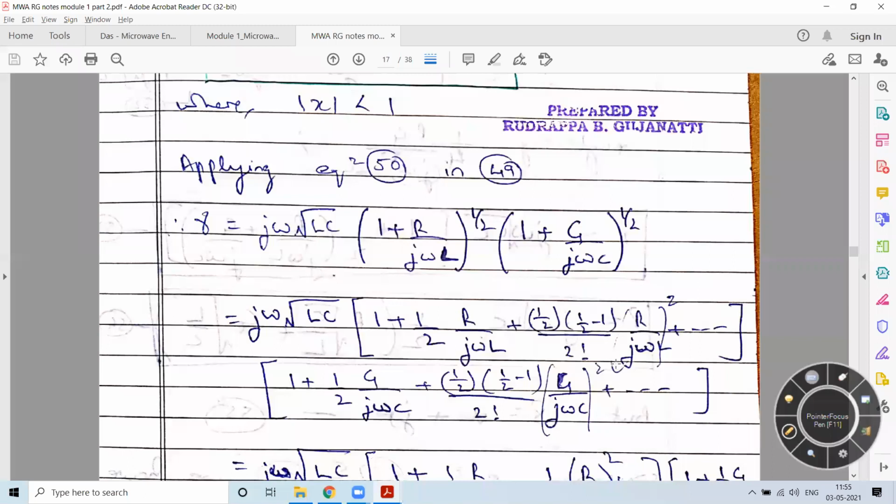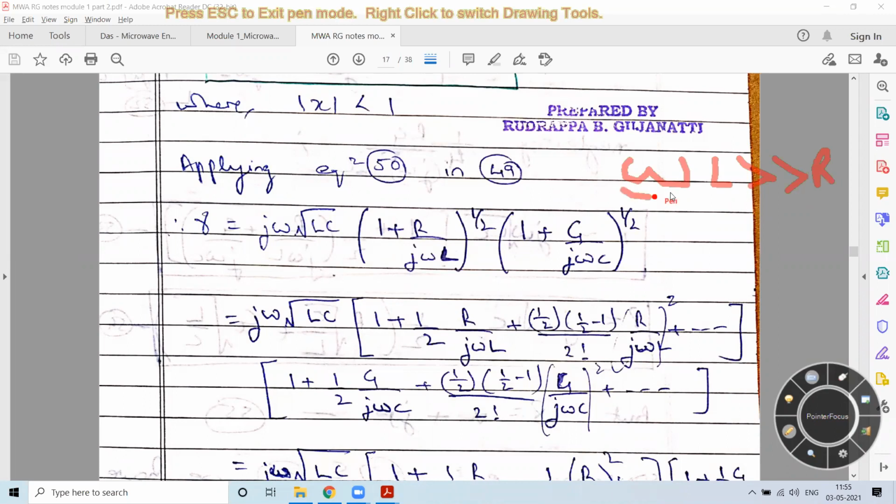Now we had all discussed one condition, that omega L is very much greater than R at microwave frequencies. Because if you just recollect, omega is 2 pi f.